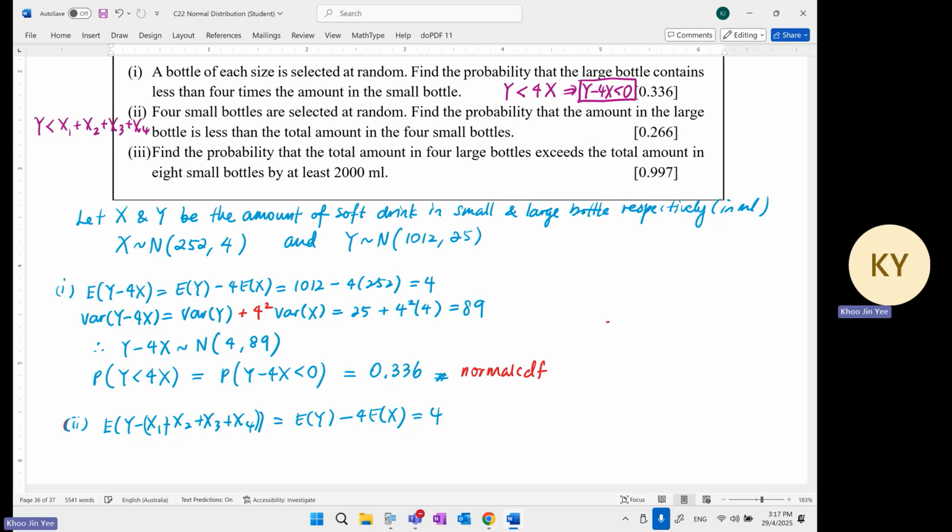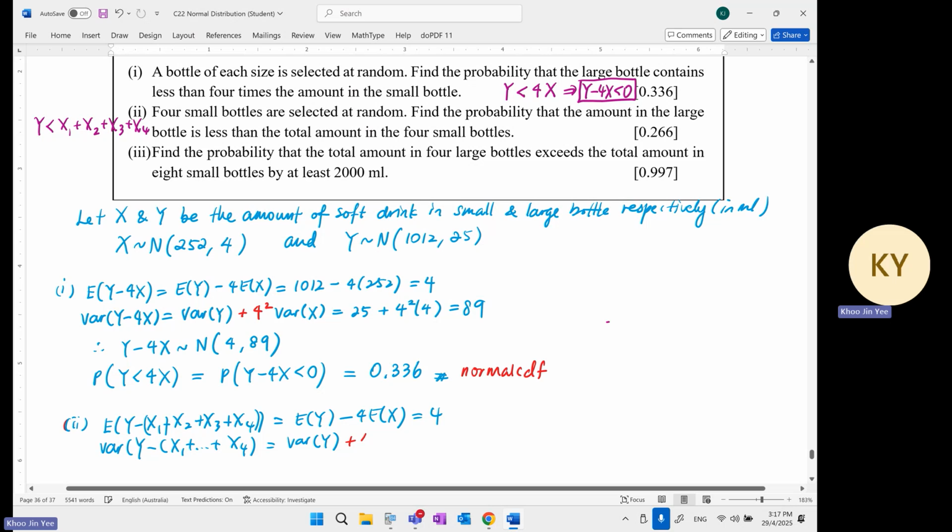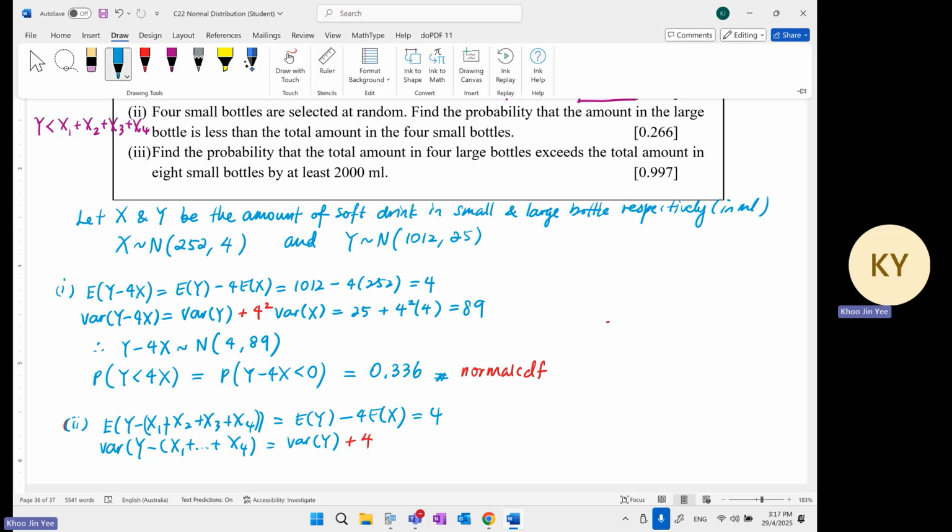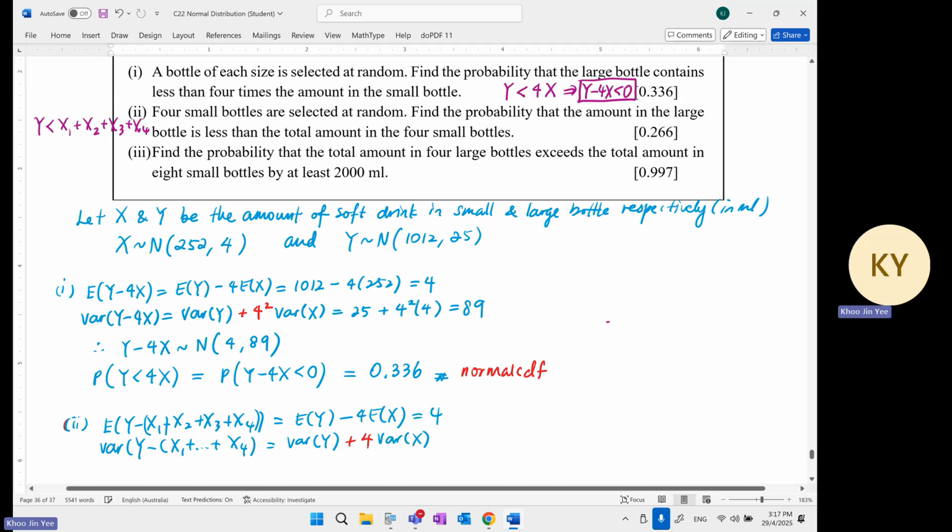The variance one is the one that I need to show you. So the variance of y minus x1 all the way to x4 would be the variance of y. Be careful, this one becomes plus 4 copies of the variance of x.